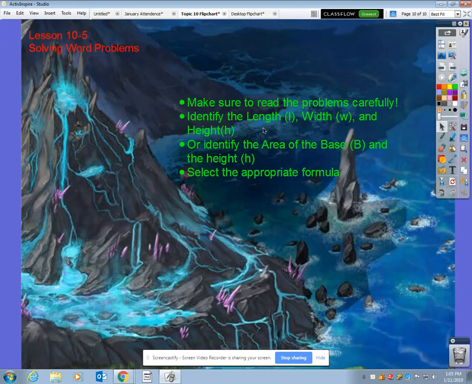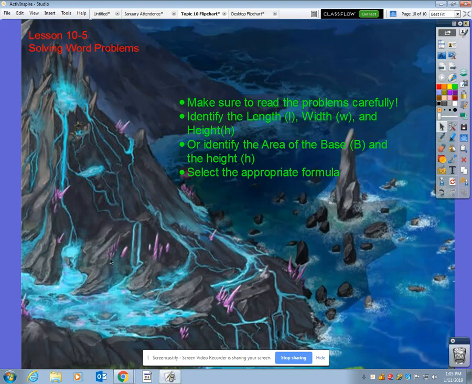Make sure you identify the length, the width, and the height, or if the area of the base is given, make sure you identify that, because depending on which of the equations you use, you will have all the information that you need. So you're either going to use volume equals length times width times height, or volume equals big B, the area of the base, times little h, which would be the height.